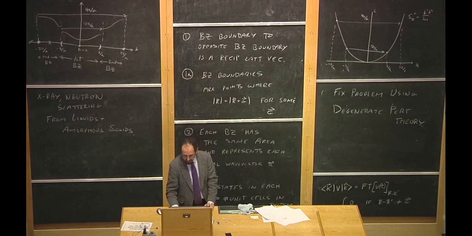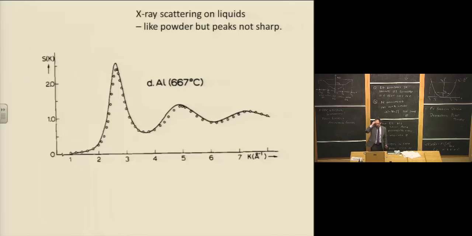What you get is, here, there it is. This is X-ray scattering on liquid aluminum. It's heated up to some high temperature, so it's a liquid. The amplitude of scattering is a function of the scattering angle, or the reciprocal wave vector, which is along this axis. It has peaks, and the peaks represent roughly the distance between atoms.